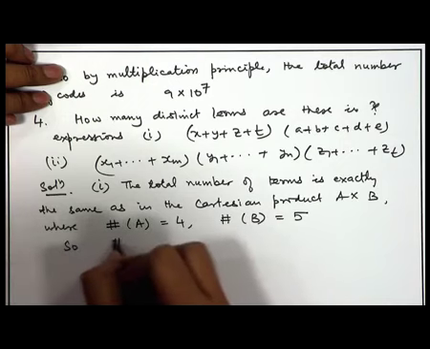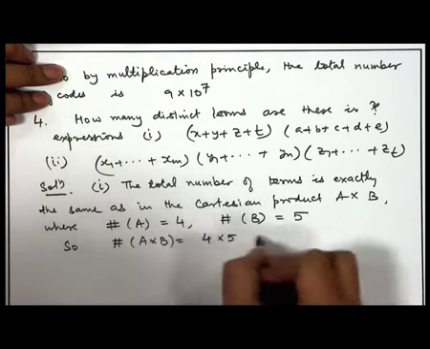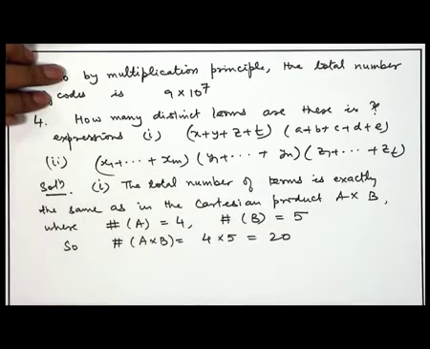So, the cardinality of A cross B is nothing but 4 into 5, that is equal to 20.